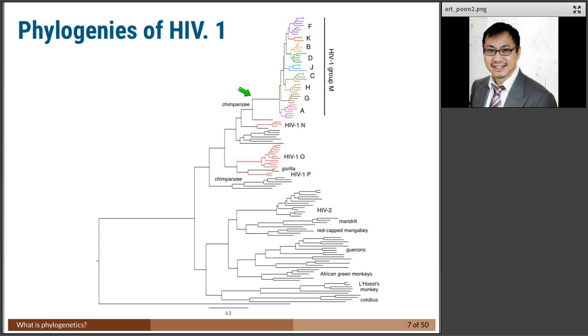This gives you a sense of the scale of the variation relating these different viruses and where other HIV-1 types have originated from. So we can use phylogenies to get at the deep history of this emerging virus.